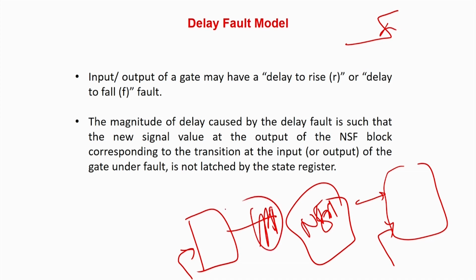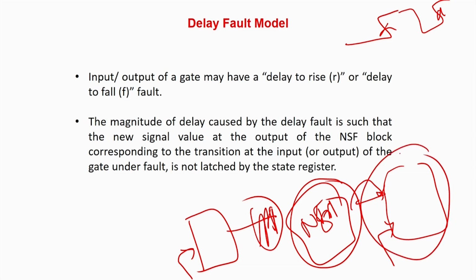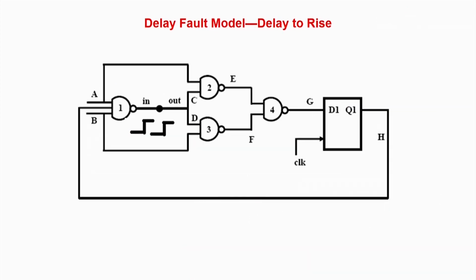Then this NSF block, the combinational cloud, will compute the values. But before the arrival of the next clock pulse, this data should be available over here before the setup time of the flip flop, so that the exact value can be latched. If you are not able to do that, that means there is a delay failure in some gates or some parts of the next state function block. So that is actually a delay fault. We will take an example.